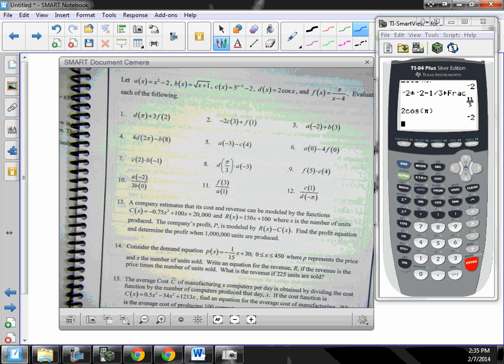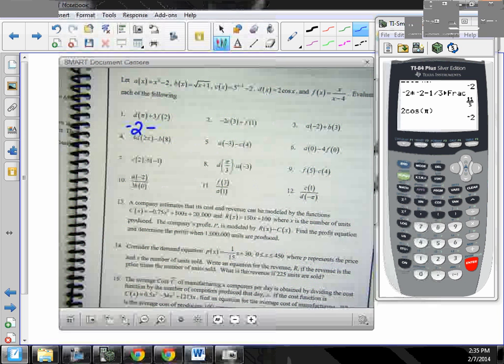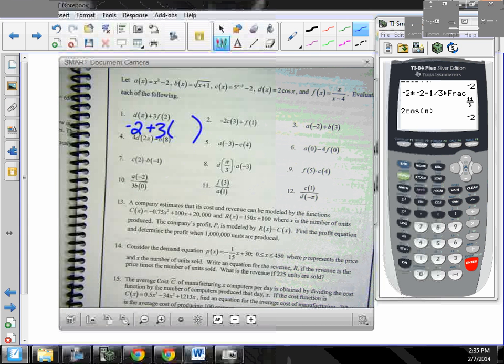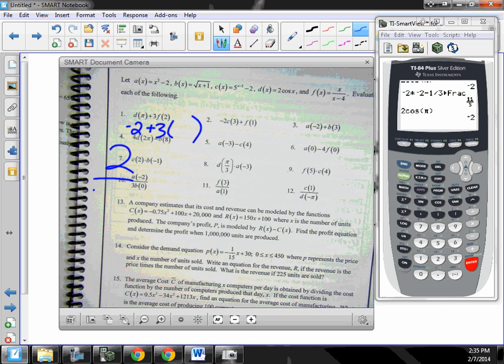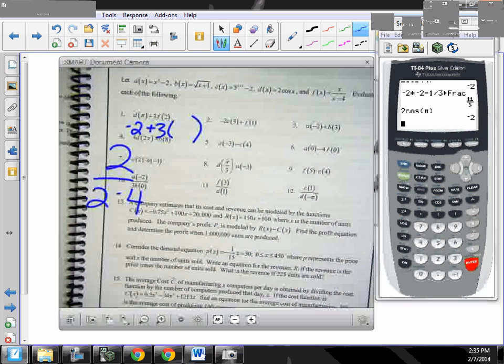Okay, so this is negative 2 plus 3 times, what is f of 2? Well, 2 divided by 2 minus 4, 2 over negative 2 is negative 1. So what is negative 2 plus 3 times negative 1? Negative 5.